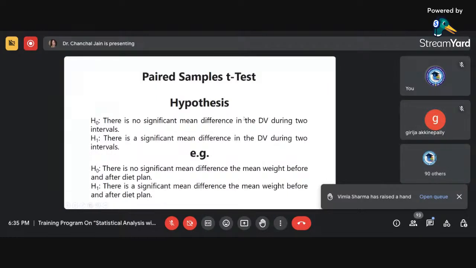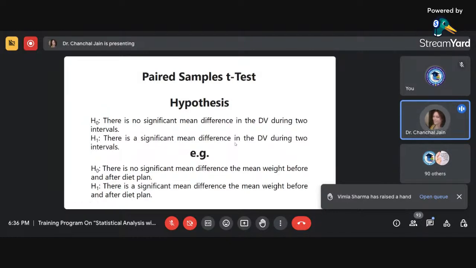Now coming to the paired sample t-test, if I want to make the hypothesis, as I have cleared the concept of the paired sample t-test, I'm directly talking about the hypothesis part. Here you can make your hypothesis as: there is no significant mean difference in the DV during the two intervals. Alternatively, there is a significant mean difference in the DV during the two intervals.